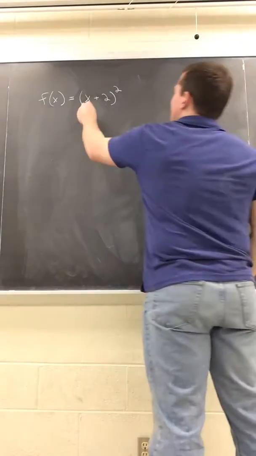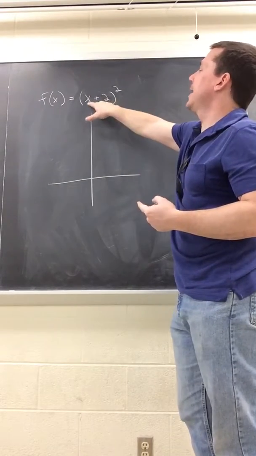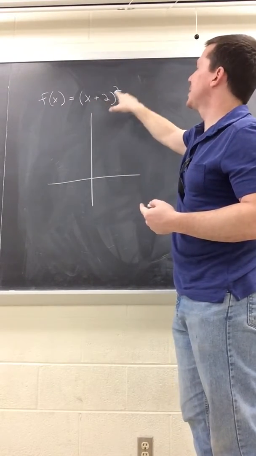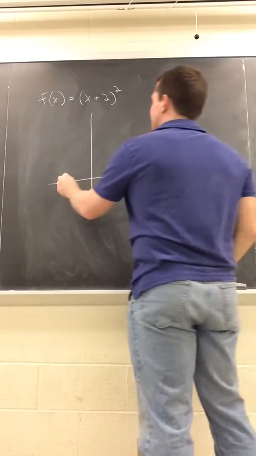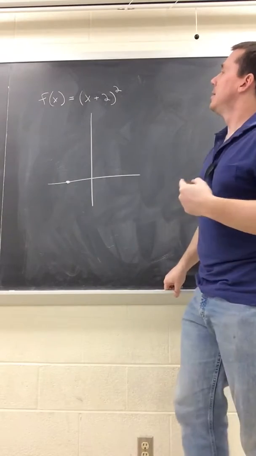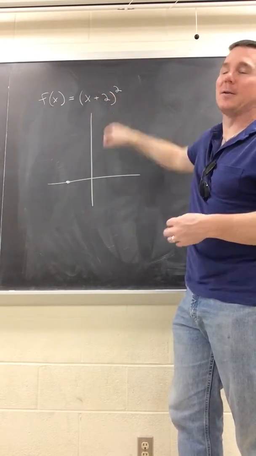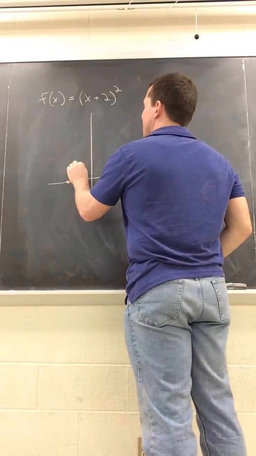To graph it, you can do the same thing, plot points. If you plug in -2, you get -2 plus 2, which is 0. And you get 0 squared, which is 0. If you plug in -1, you get 2 minus 1, which is 1 squared, and get 1. So at -1, you get 1.